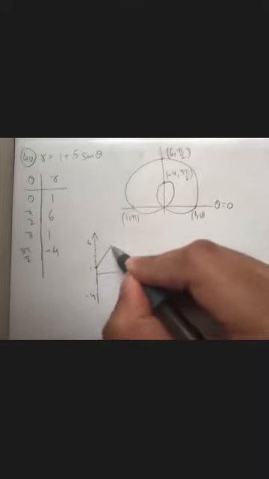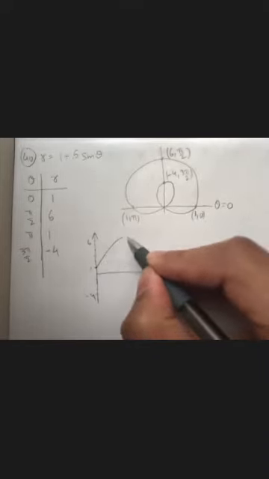So when theta is 0, r is 1. So we start from here. We go up till 6. Come back to 1. And go up till negative 4. And then we can come back to 1.